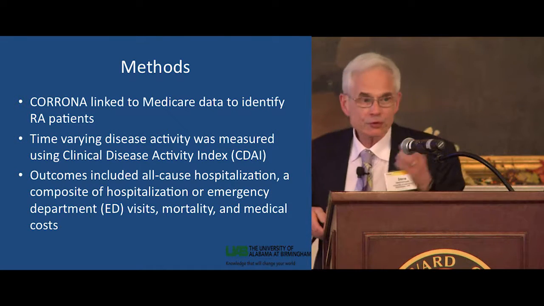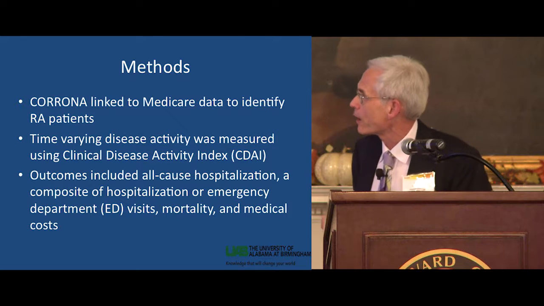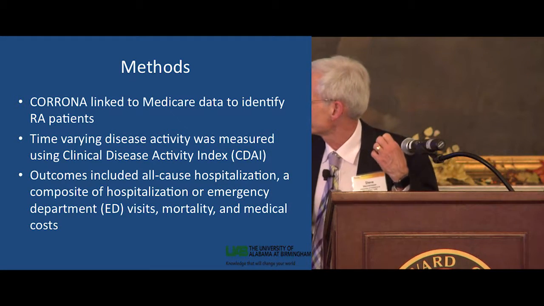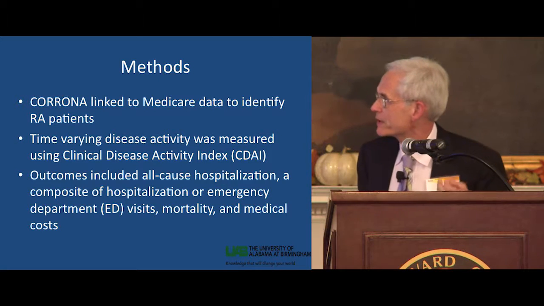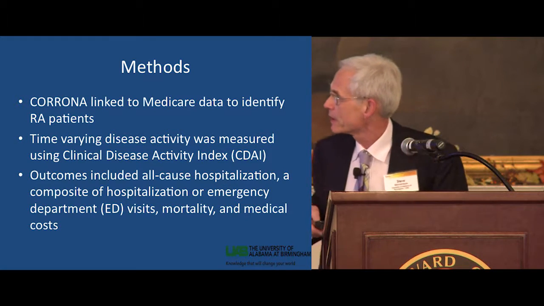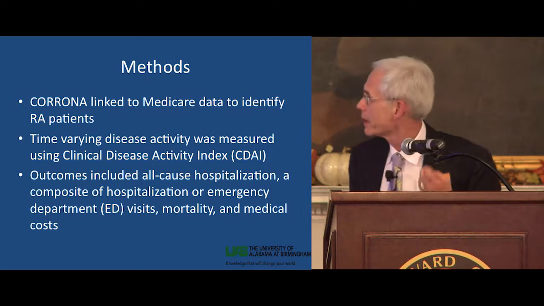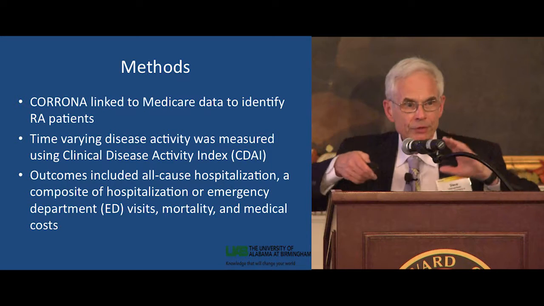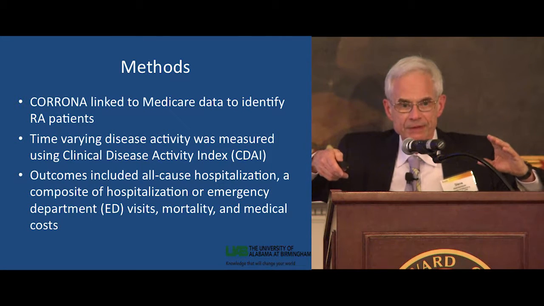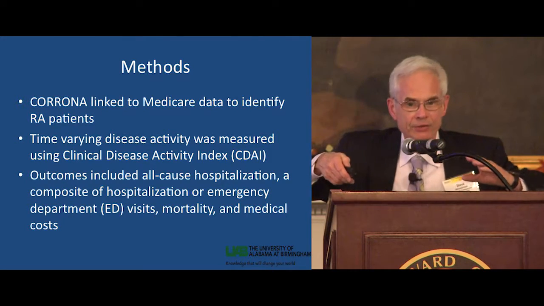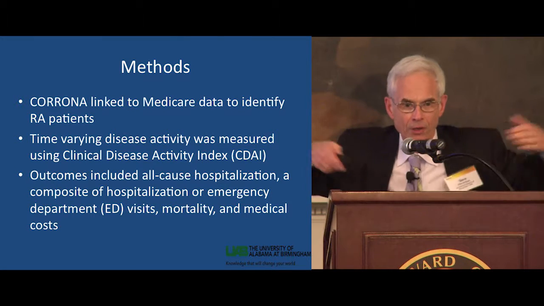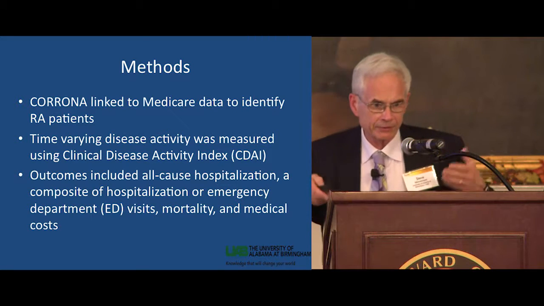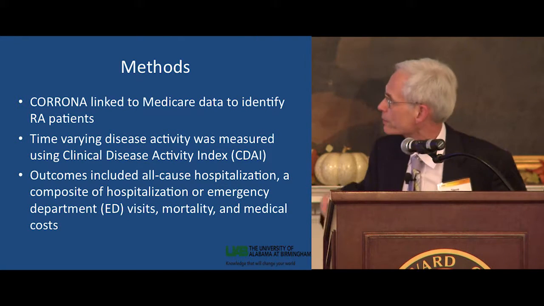And they were able to track through claims data all of the hospitalizations, some measures of hospitalization and emergency department visits, mortality information, and medical costs. So claims data are wonderful in the sense that if you're somebody like a Medicare patient, you can be sort of followed through all aspects of your life, but claims data don't have much clinical detail in them, and so the marriage with CORRONA was very helpful.